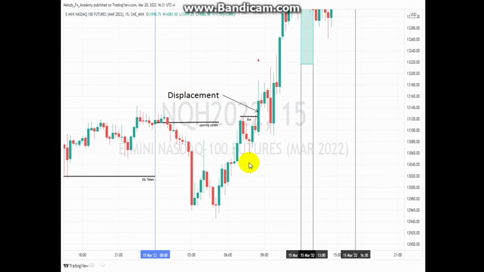So the two things you are looking for prior to 8:30 a.m. New York time are some level of run on liquidity on stops, or displacement in the marketplace. One of these two things is what we are looking for.